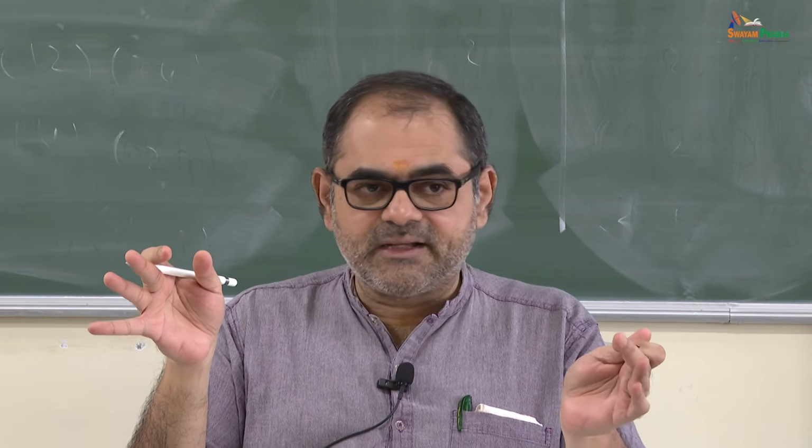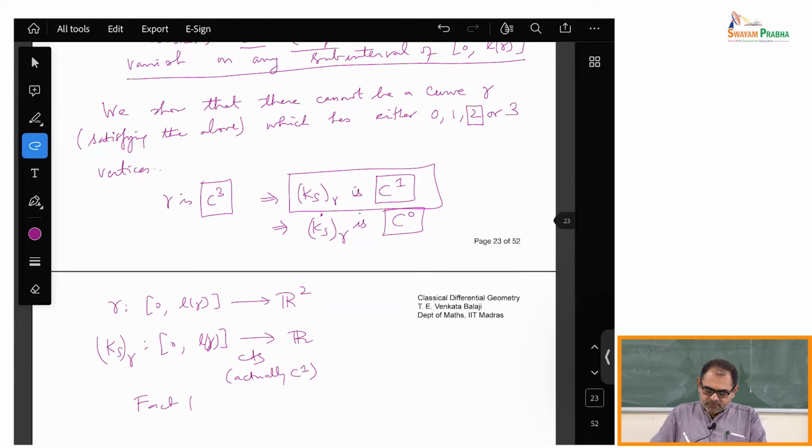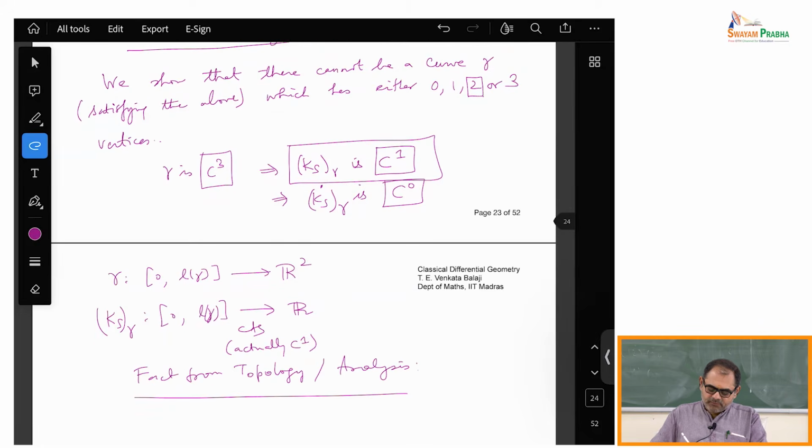So the fact from topology, or analysis, is that the image of Ks gamma on this whole closed interval is going to be the interval m comma capital M on the real line.